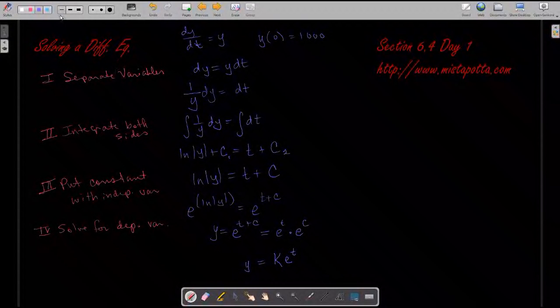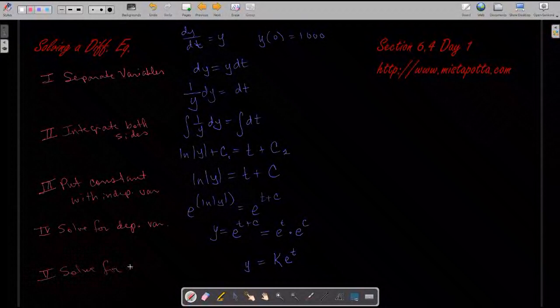And the last thing that I want to do, step 5, is I want to solve for my constant. I'm going to be using the initial conditions that we had.